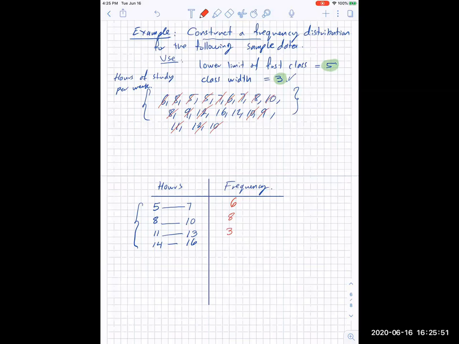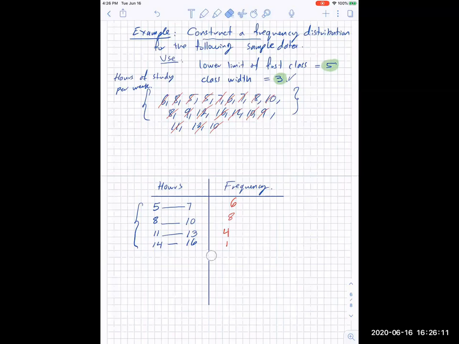And then 14. Oh, I'm sorry, there is another one here I missed. 4. And then from 14 to 16, I have only one value, the 16, so one value.